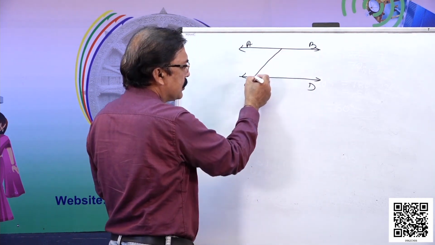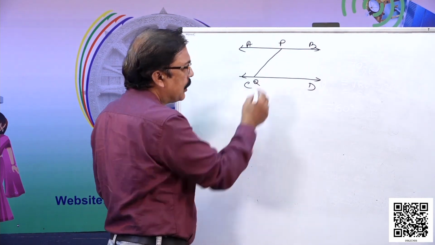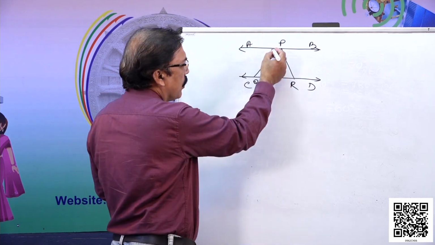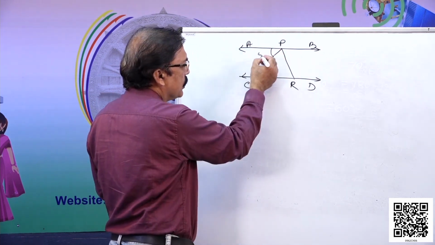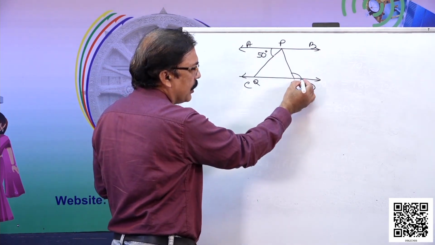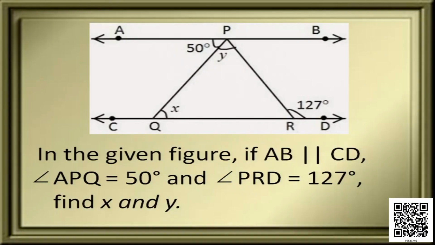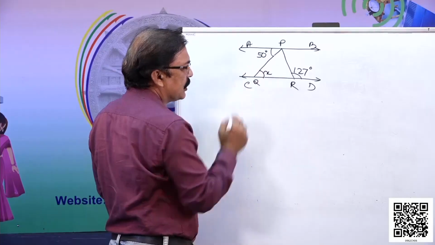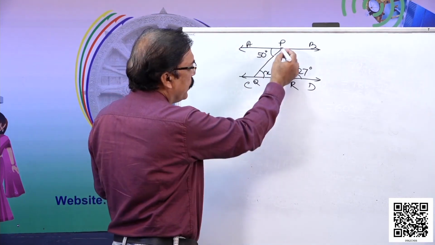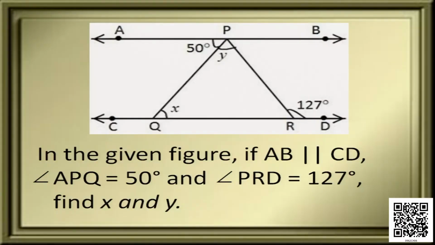A line like this, that is PQ, and another line is like this, PR. Angle APQ is given 50 degree and angle PRD is given 127 degree. If this value is X, that is PQR is X, and QPR is Y, find the value of X and Y.